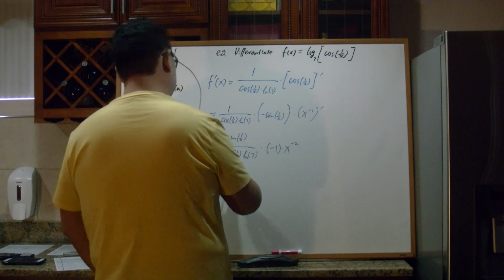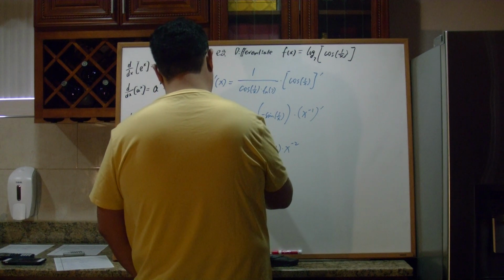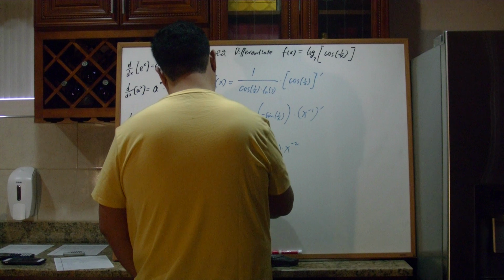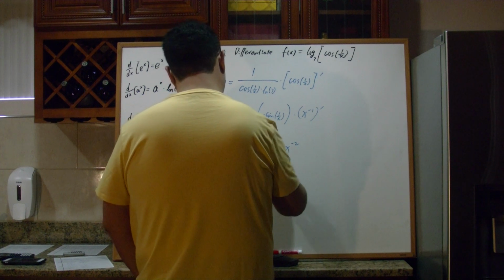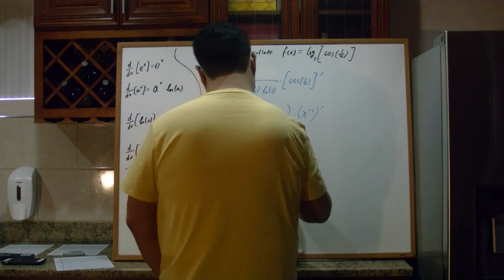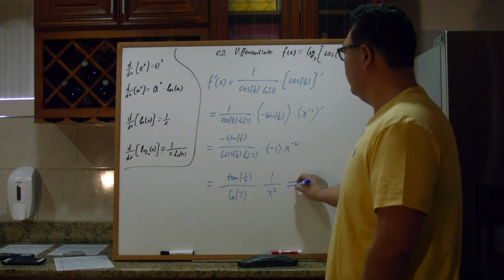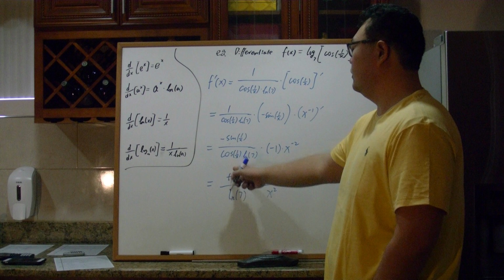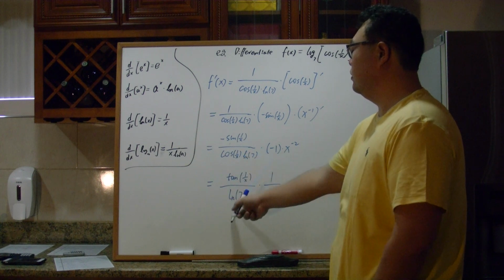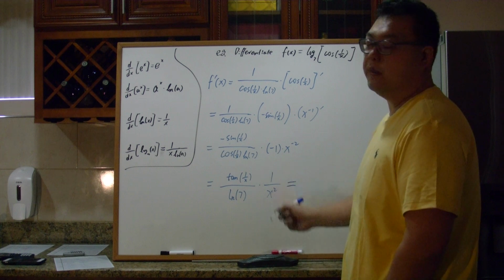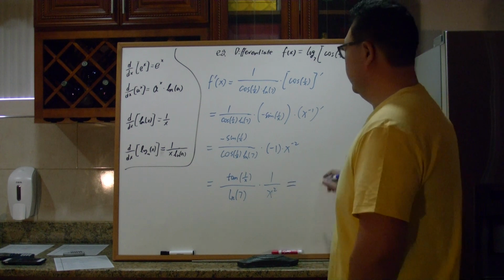Alright, so we have the negatives cancelled, we get tangent of 1 over x over natural log of 7 multiplied by 1 over x squared. A negative cancels, sine over cosine is tangent, we still have natural log 7 on the denominator, then this term x to negative 2 flips down to be 1 over x squared.